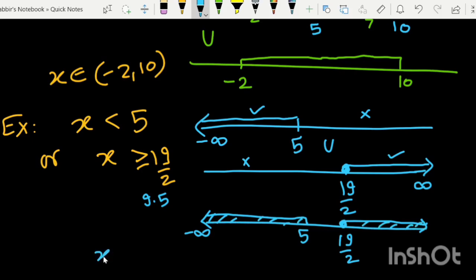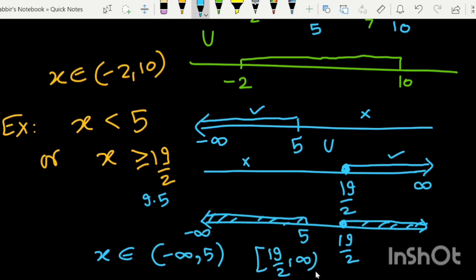So x belongs to, now the question arises, how do we write this? So far, there was only one continuous portion of inequality solution on the number line. Now we have two portions of solutions scattered on the number line. One is this, and 19 by 2 to infinity is also in our solution set.